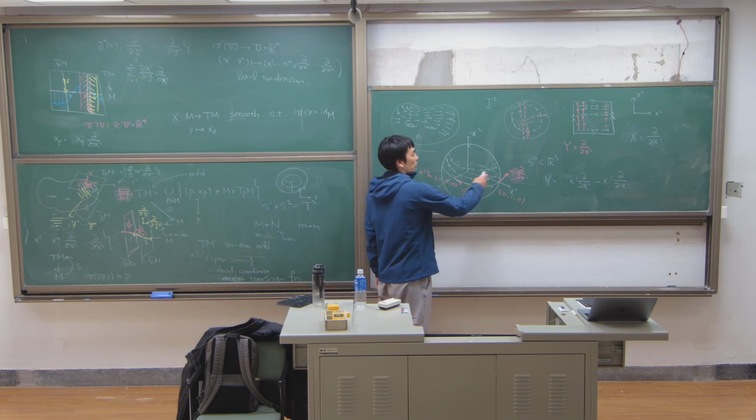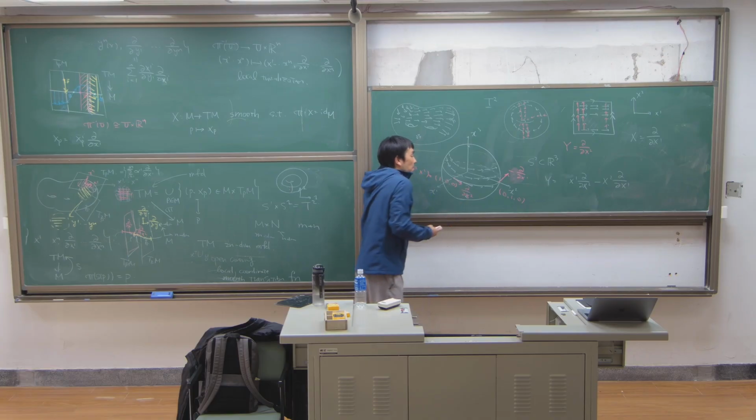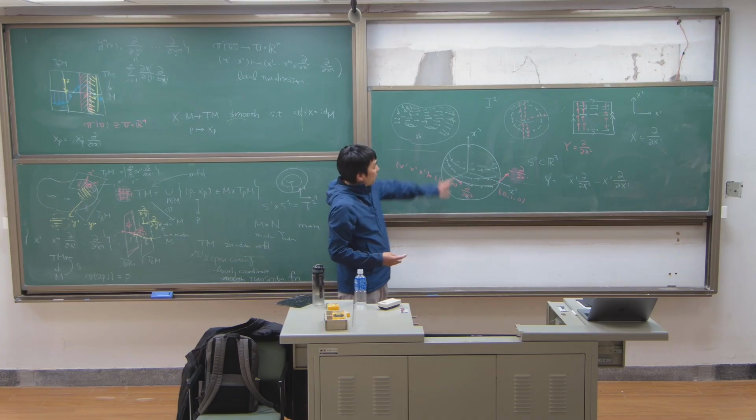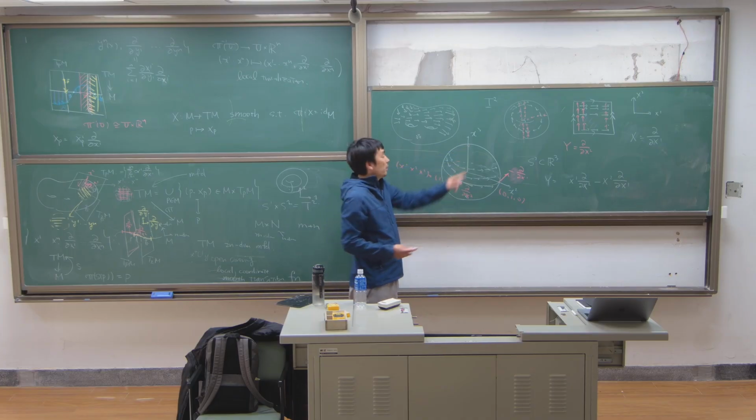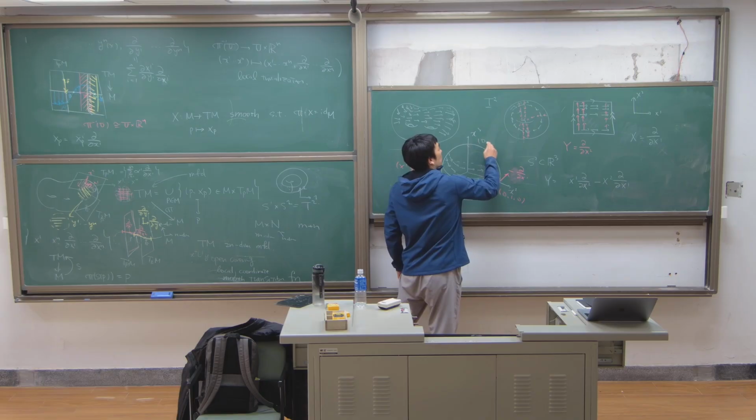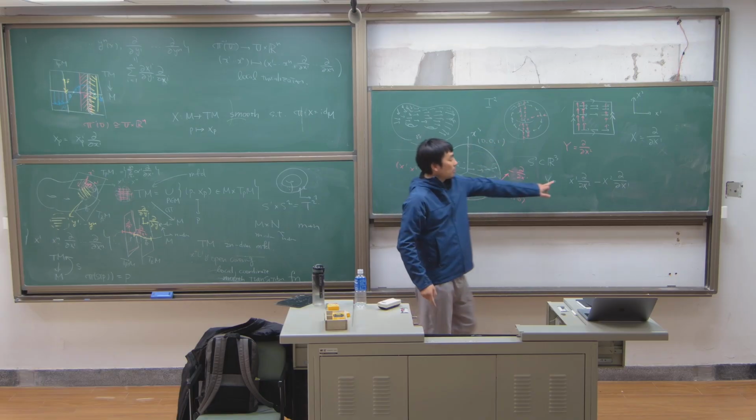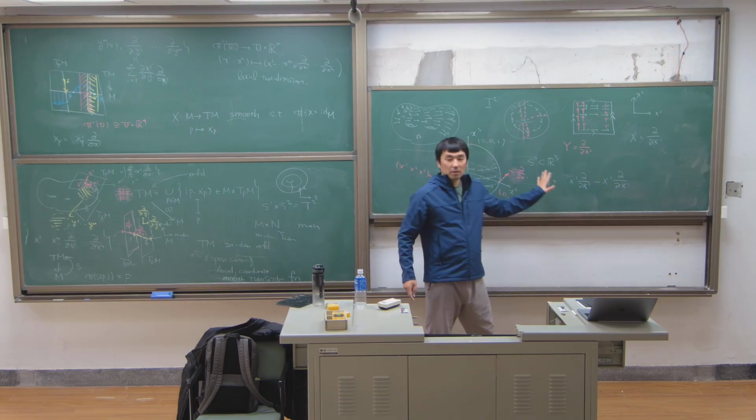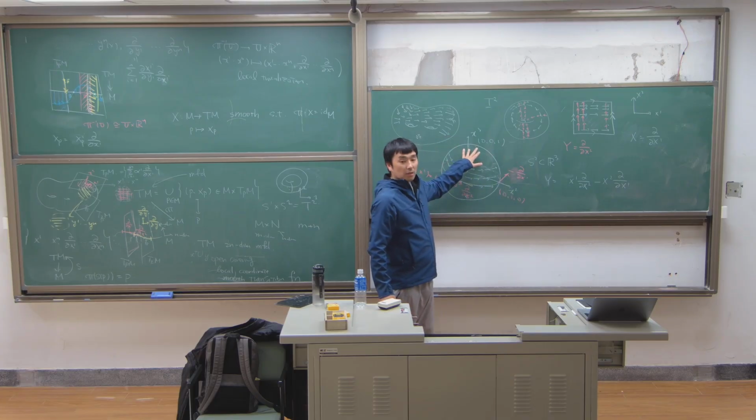So this rotational, and then if you go on top, x1, x2 is 0, 0, 1. If you substitute 0, 0, the vector field becomes 0 here.